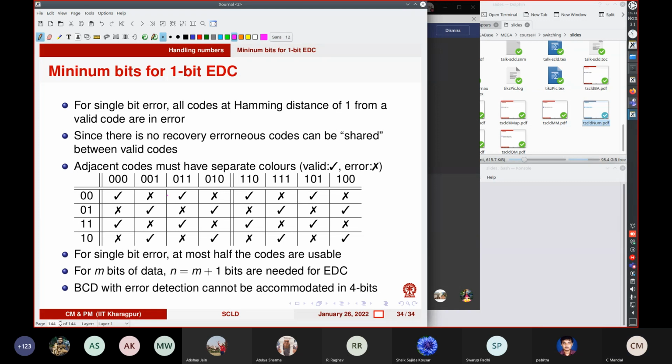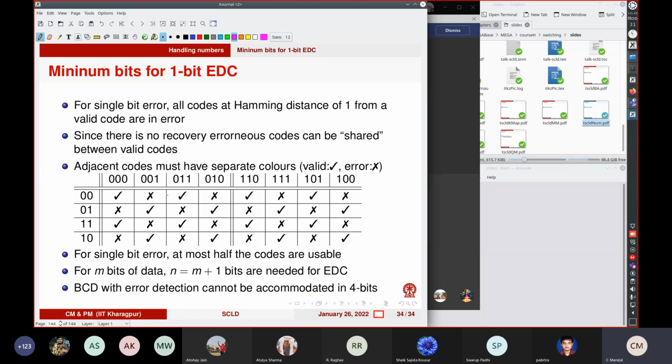BCD has 4 bits, and as you can see there is some degree of redundancy in BCD because you have some code words which remain unused. But you don't have enough unused code words for error detection. So even if you want to do error detection with BCD, you cannot do it with 4 bits. All right.